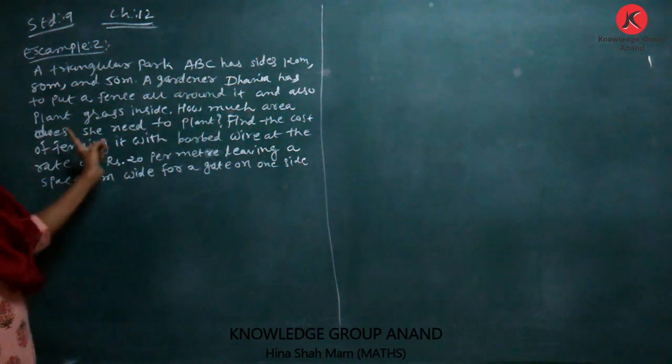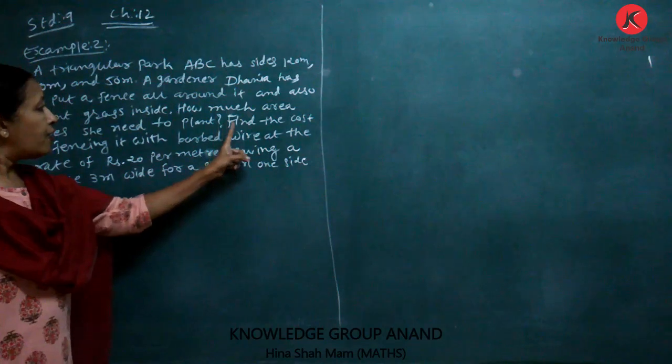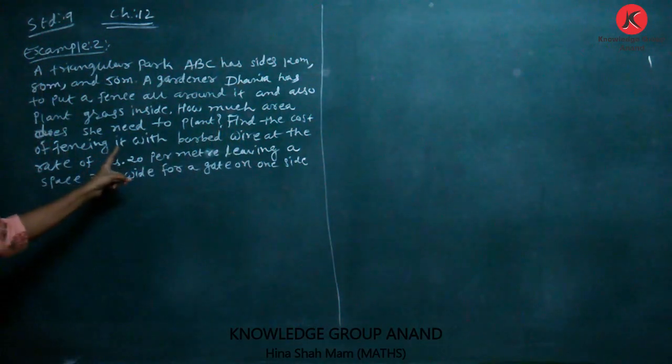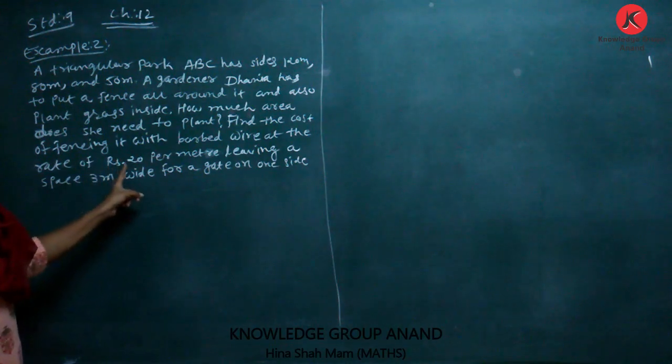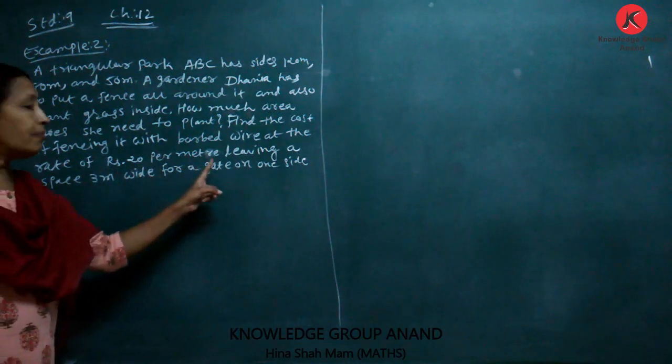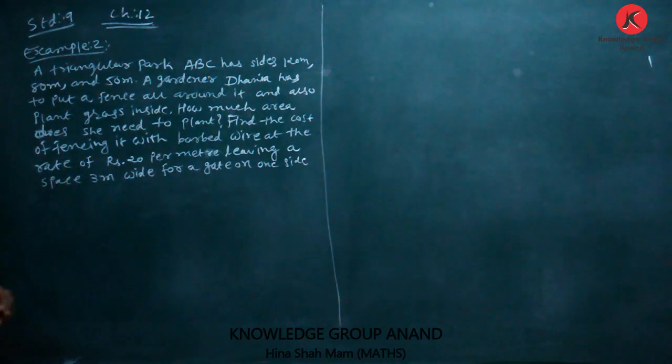How much area does she need to plant? Find the cost of fencing it with barbed wire at the rate of ₹20 per meter, leaving a space 3 meter wide for a gate on one side.